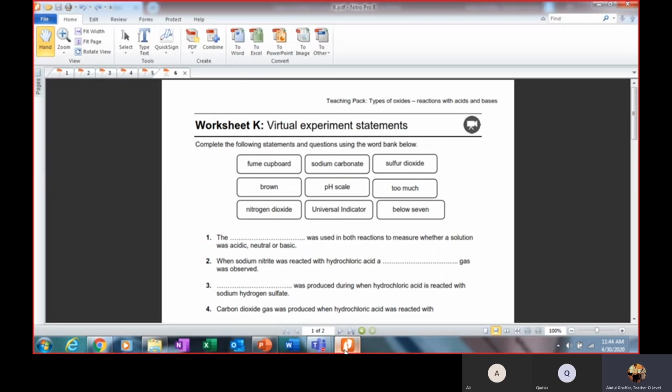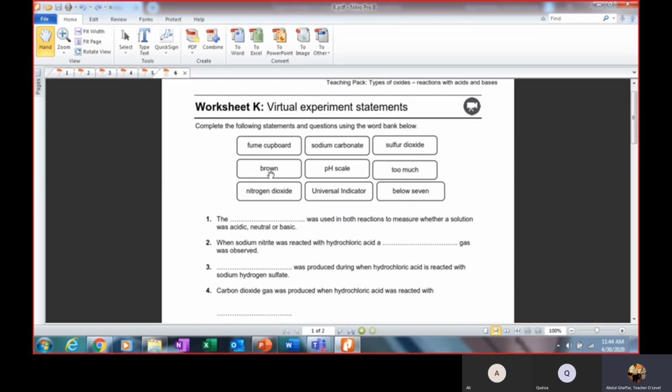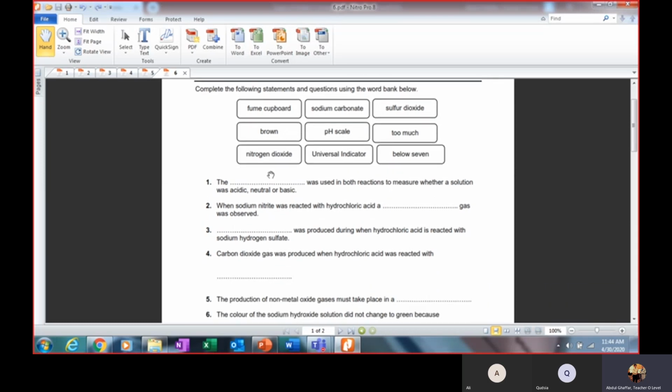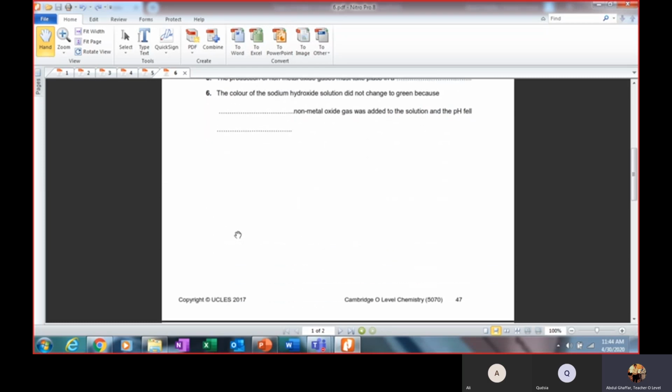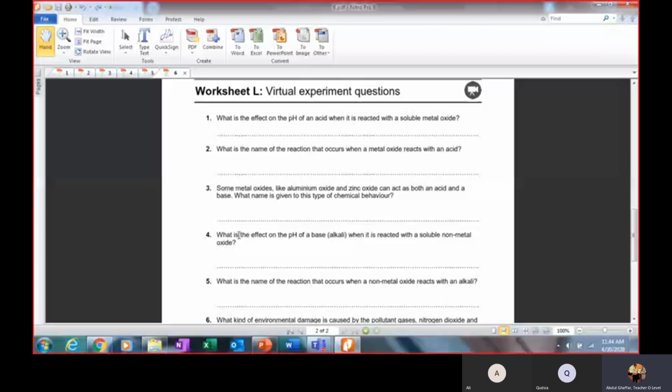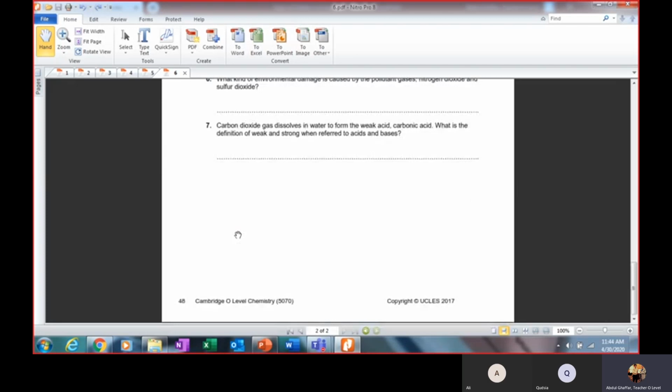Now quickly just look at these worksheets. I will upload them on Google Classroom. This is the worksheet with different words, and you have to fill the gaps with these words. And these are some short questions related to the experiment which we have performed.